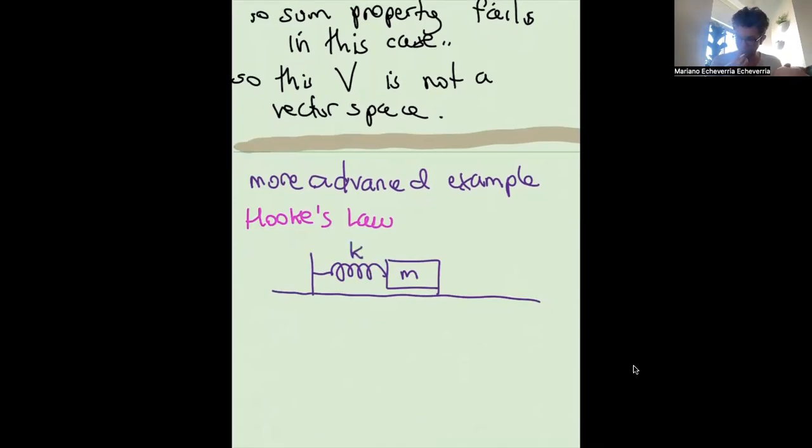Usually there's a constant for the spring, which is called K. And so Hooke's law just says that the force on this mass connected to the spring is minus K times X, where X is the position, that you have elongated the spring. So if you imagine that the spring was in its natural length at x equals 0, and then you have stretched it by an amount x, the force is just minus k times x.